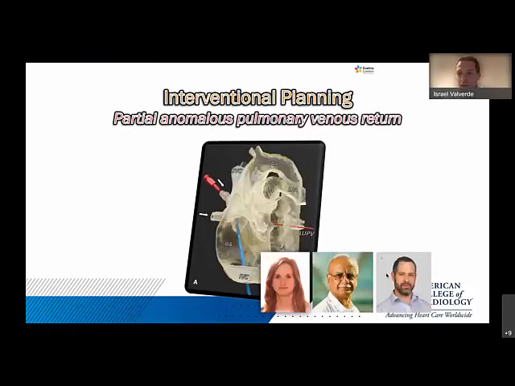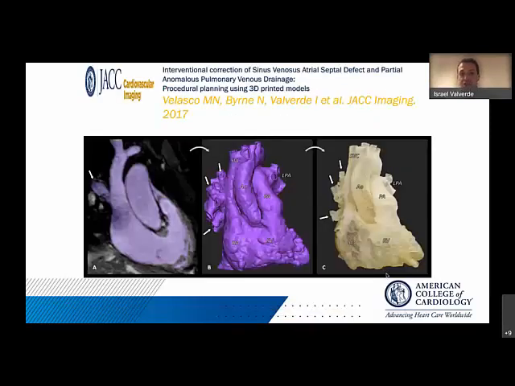With my colleagues, Shakil Qureshi, Eric Rosenthal and Marie Nieves Velasco, we had the idea: why not also approach partial anomalous pulmonary venous return with sinus venosus ASD using the intervention. One of the points with this disease is that we don't have a posterior wall in the SVC.